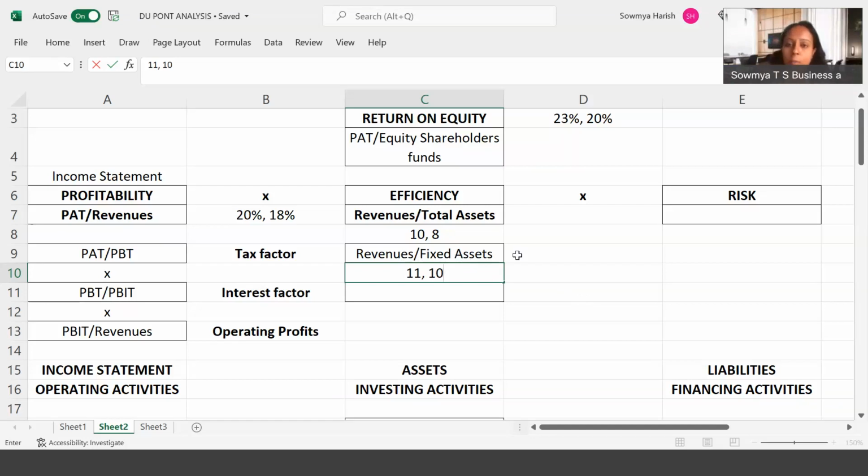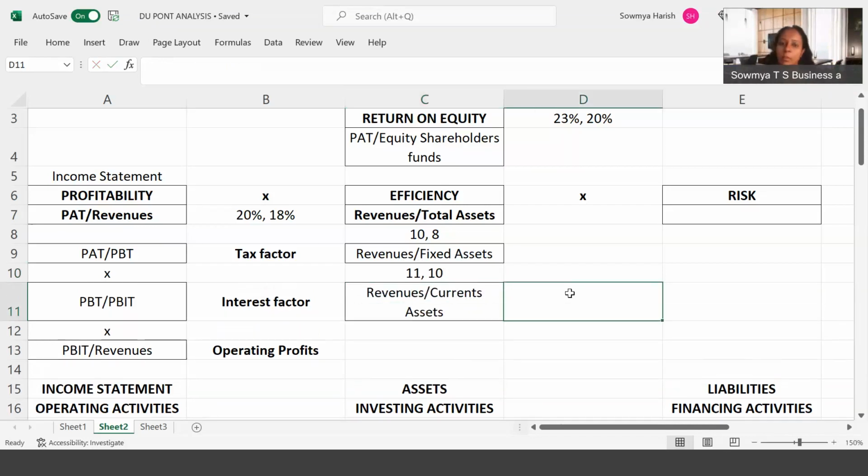Okay, and the next one, when we decompose further, we try to study the revenues in comparison with your current assets. But here, as we all know, current assets are very much directly connected to the revenues. A small change in current assets can lead to a big change in revenue. It can be a negative change or a positive change that can influence the efficiency, which in turn can influence the return on equity.